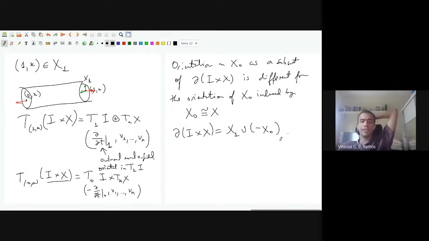So you have to switch the orientation of x0 to really have something on the boundary.